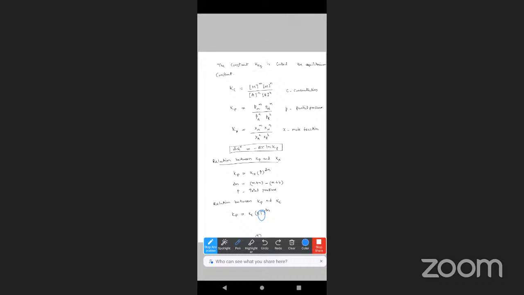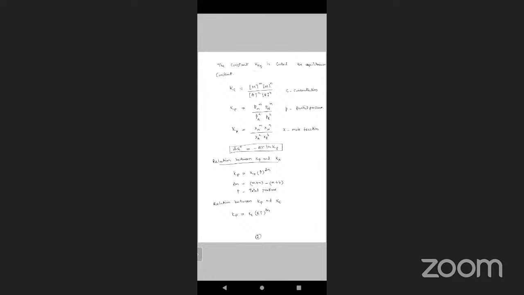So what is delta n? Change in number of products minus number of reactants. Number of moles of gaseous products minus number of moles of gaseous reactants, gases only. Okay, up to here it is clear?